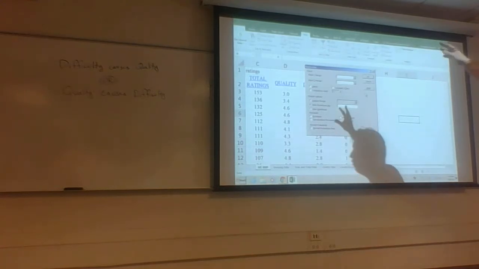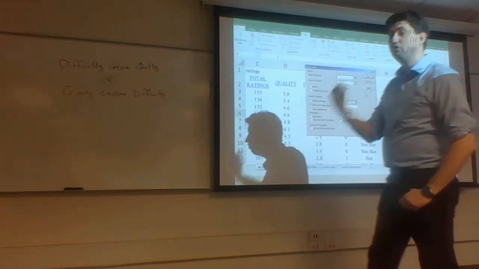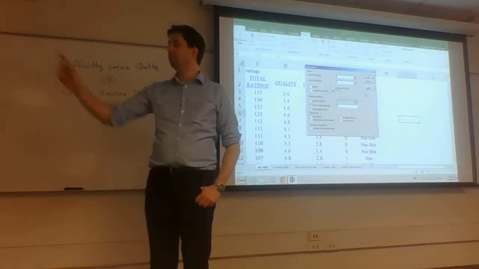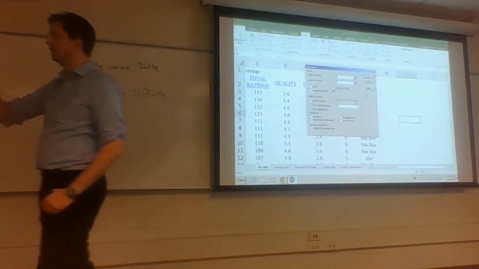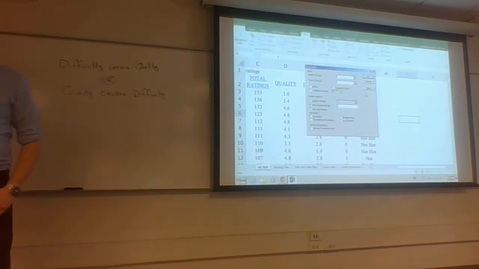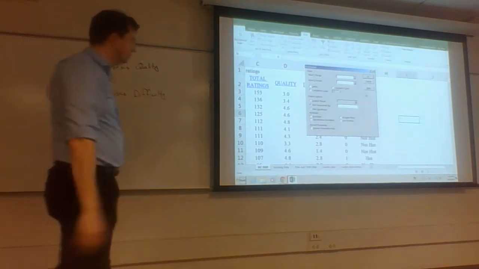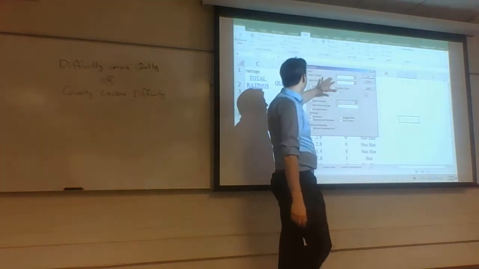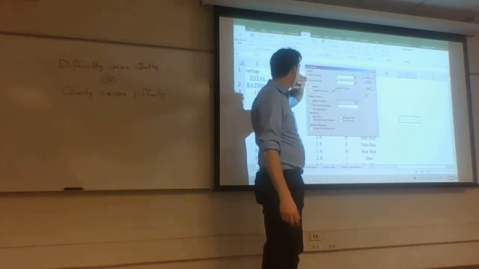So here is where you declare which one is your dependent and which one is your independent. And make sure if you're having trouble making it work, you have to hit the enable editing. If it's not working, that's why.